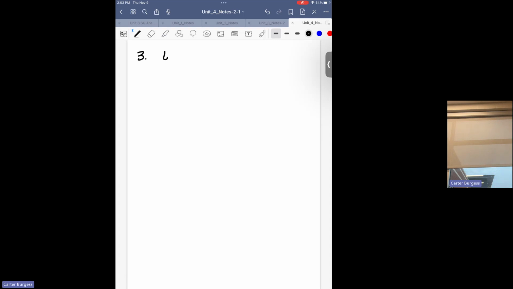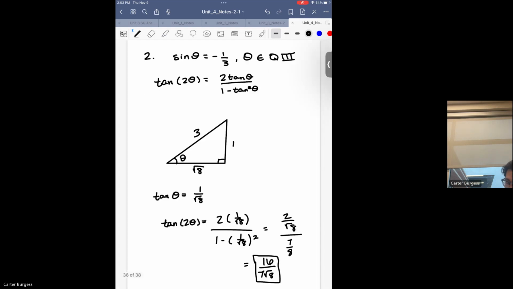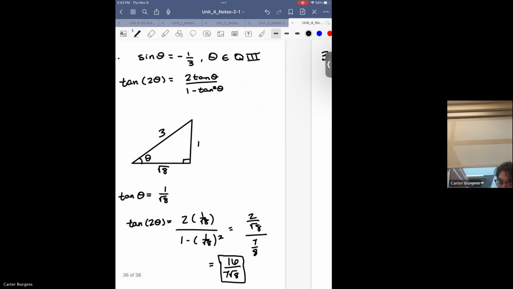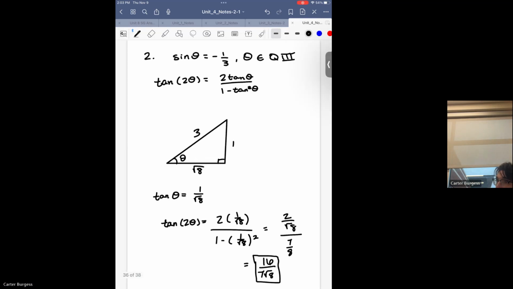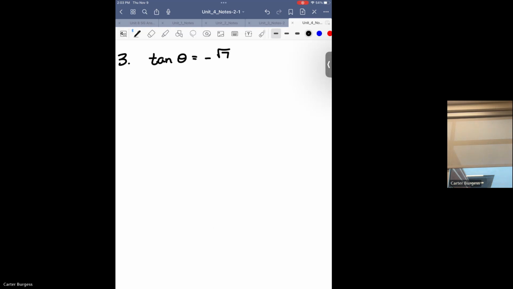And for number 3, we are told that tangent of theta is negative root 7 over 5.